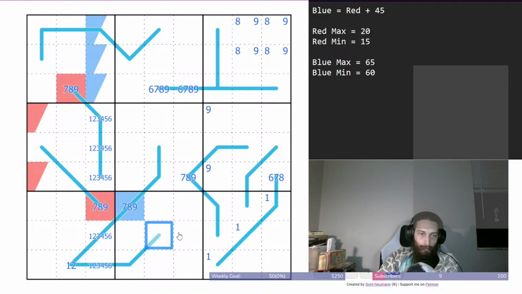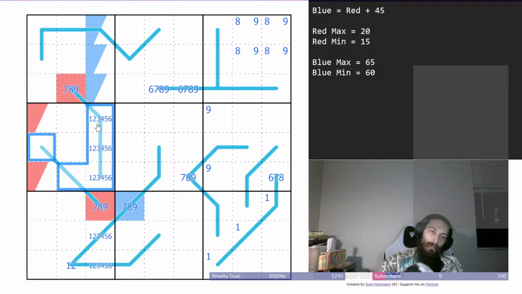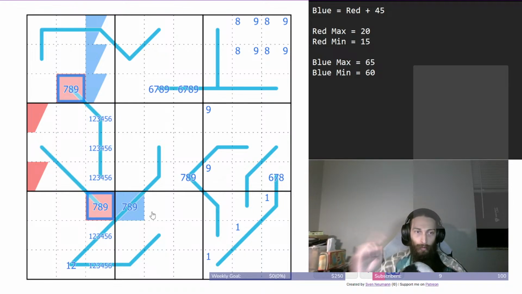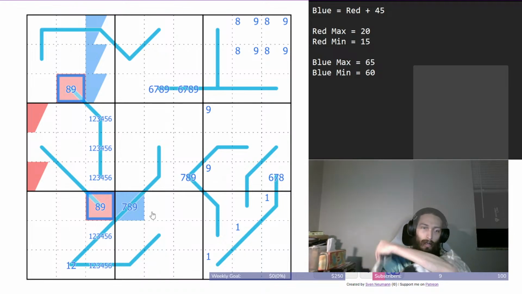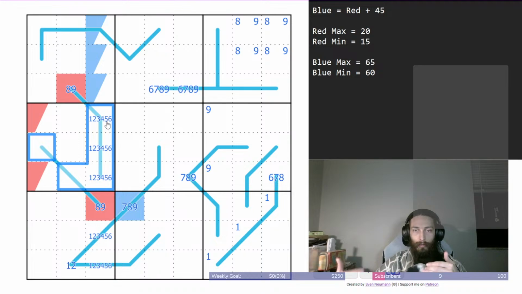Well, it got us farther. Yeah. The minimum of 5 digits is 15. These can't both be 7, therefore they're 8, 9. Because 5 digits has to be 15, and 2 sevens are 14.